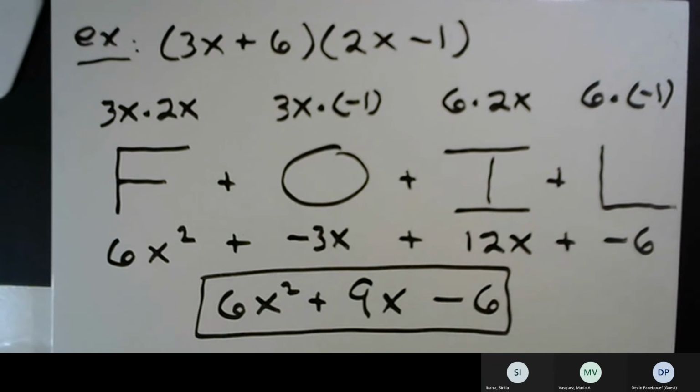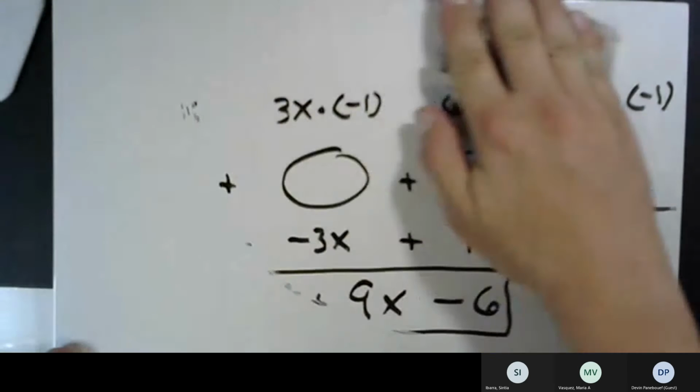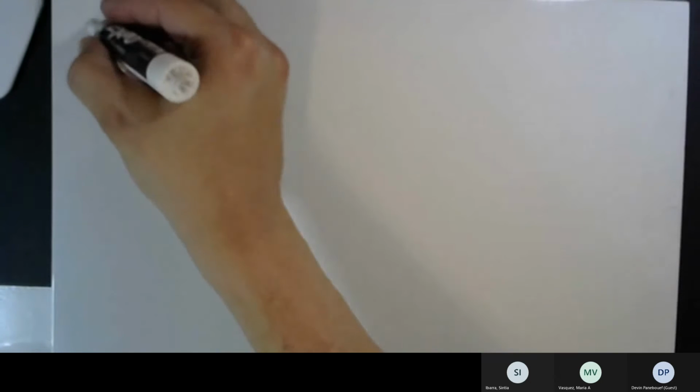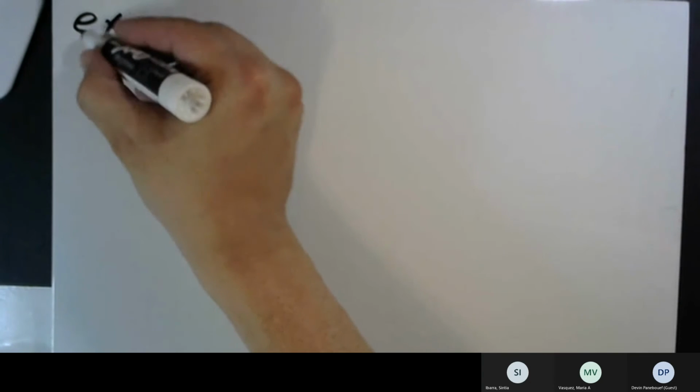So the next kind of problem we're going to look at, we're going to do this 2 different ways. We're going to do it the hard way and the easy way.